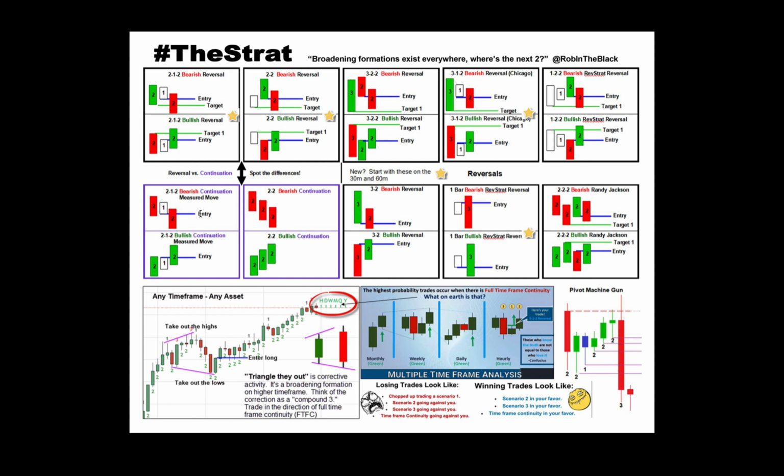They do give very, very clear entries, but you do need to use your own judgment as far as where the price action will take you based off of major levels and broadening formations and other nuances to the charts that you develop with any other strategies that you might layer on top of the strat. So again, the strat, very simple to learn. By the end of the video, you should have a hang of it.